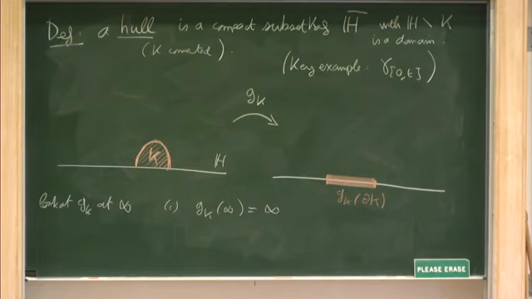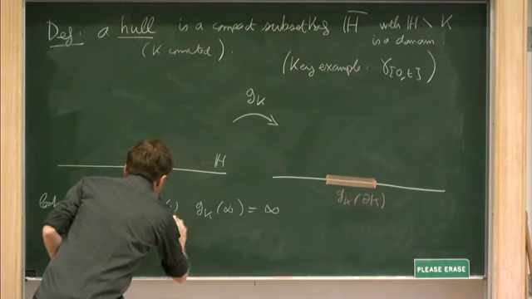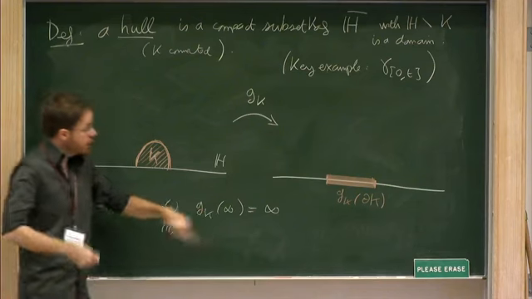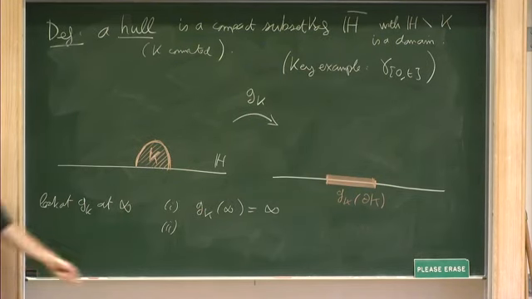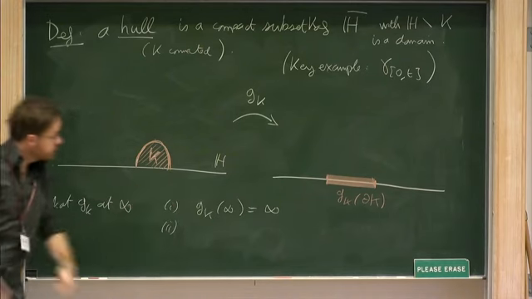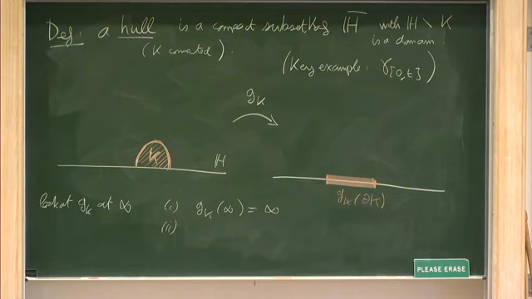Second thing, now we would like Gk to be as close to the identity away from K as possible. Typically we would want Gk of Z to look like Z at infinity. So we want the expansion of Gk at infinity to be as close to the expansion of identity as possible.